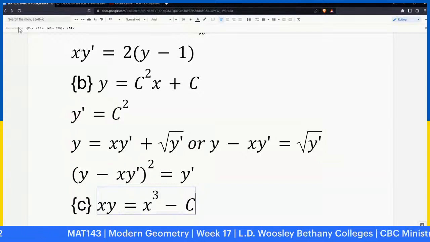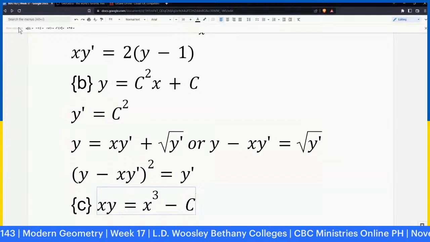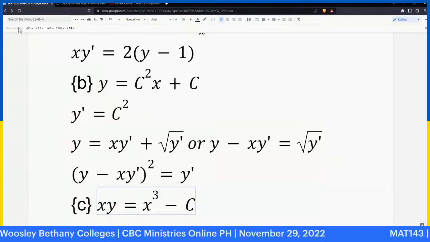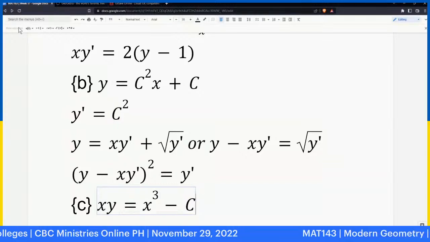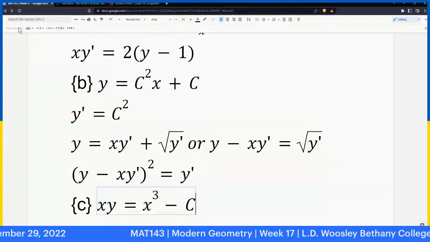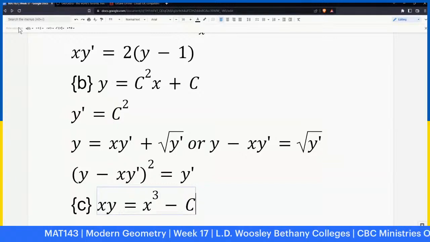Okay? Give me the value of c and your answer, and the derivative pala. So first, give me the value of c. Obviously, what's your c?